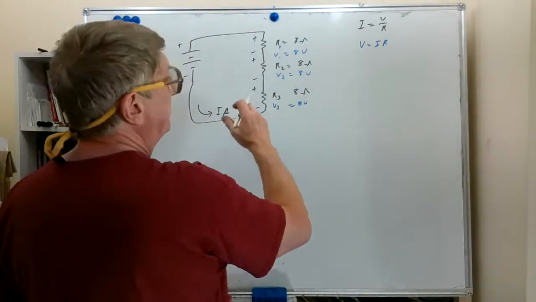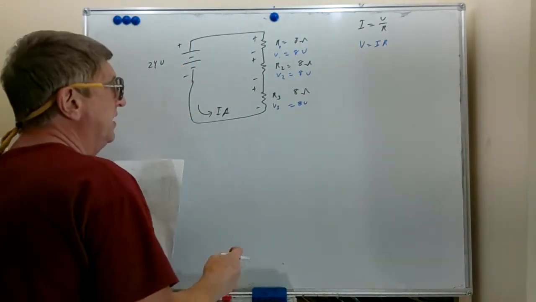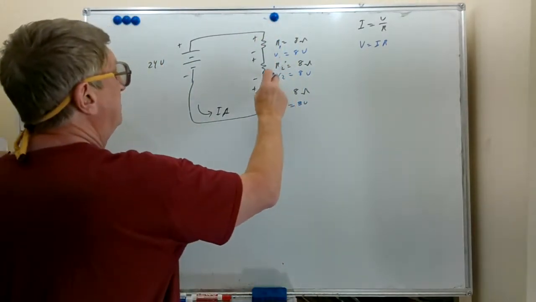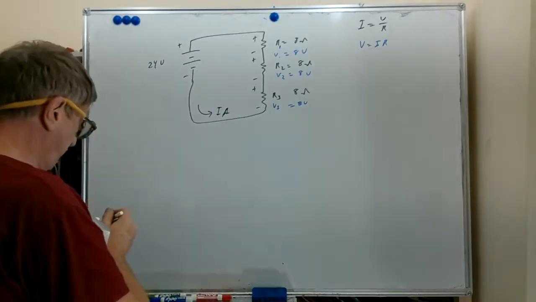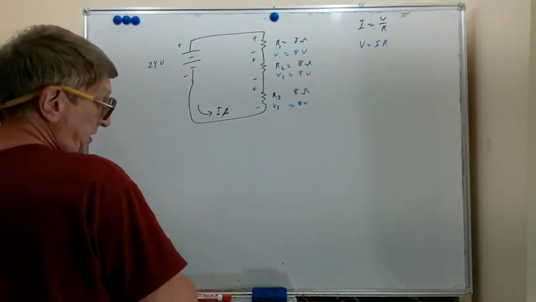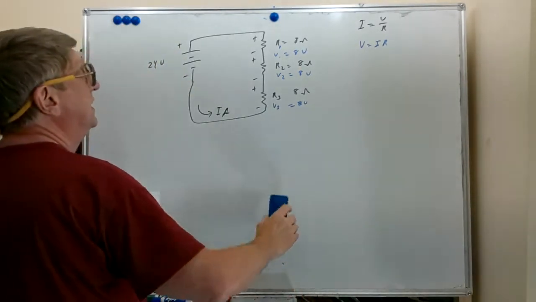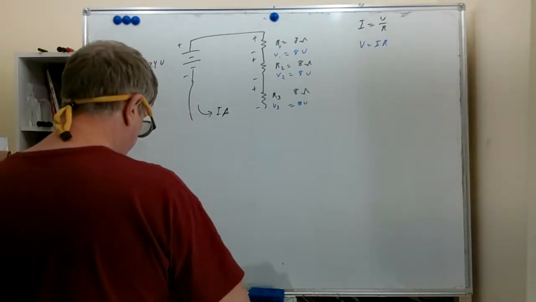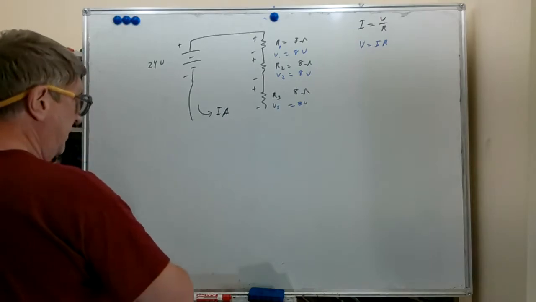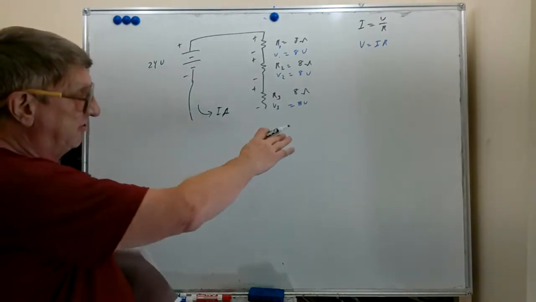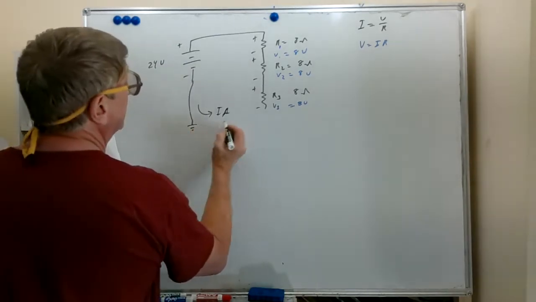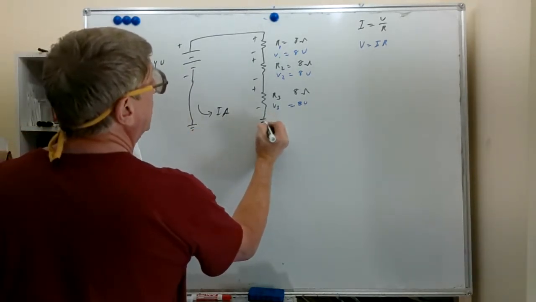We took the 1 amp times each of the resistors, so we have 8 volts dropped across each of these resistors, and that does sum up to a total of 24 volts. And as we talked about a few minutes ago, in your automobile, rather than having this circuit be completed by a wire, we very often have a ground to the chassis of the car.